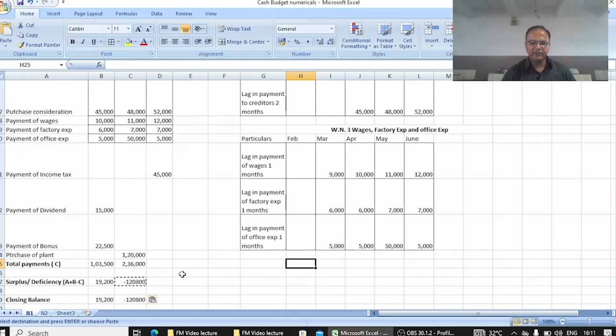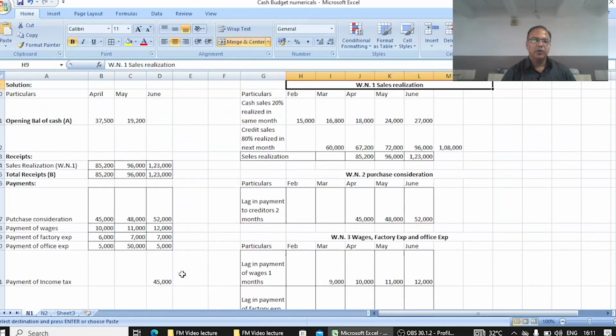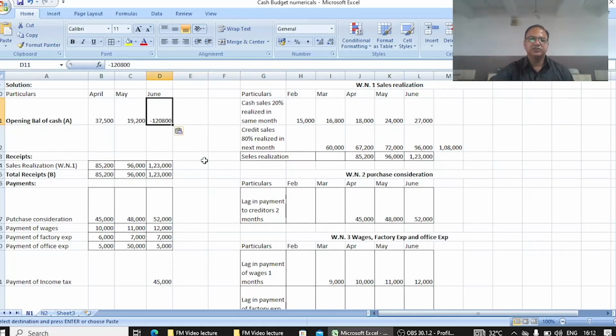Now again this figure will be used as opening balance for the month of June. Now opening balance of cash plus sales realization.